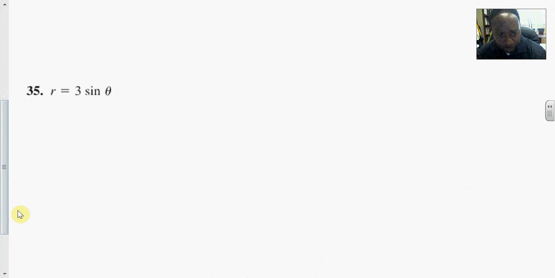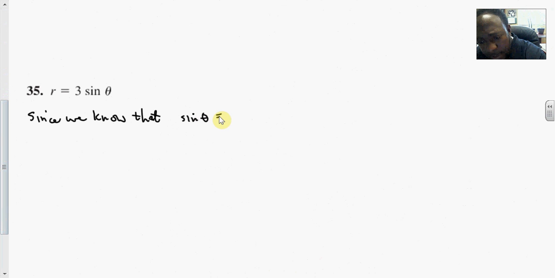What about this one? Well, since we know that y is equal to r sine theta, so sine theta is equal to y divided by r.